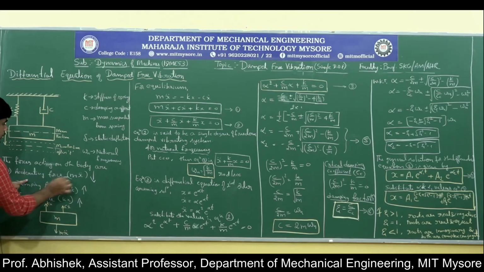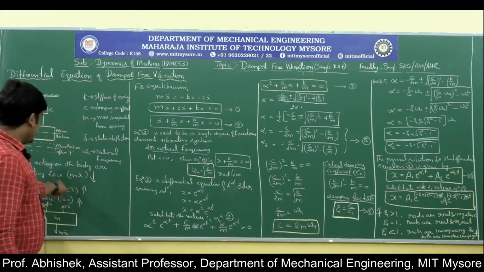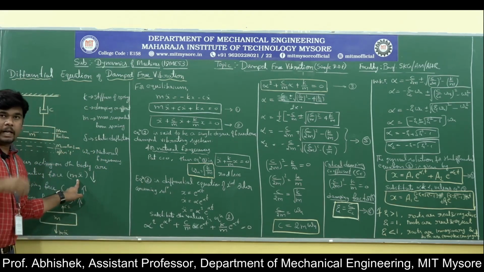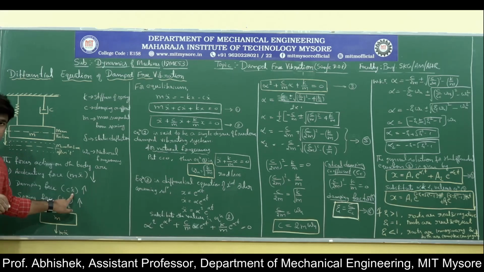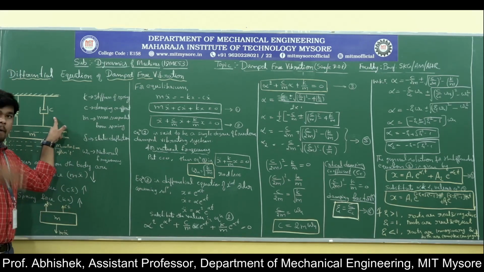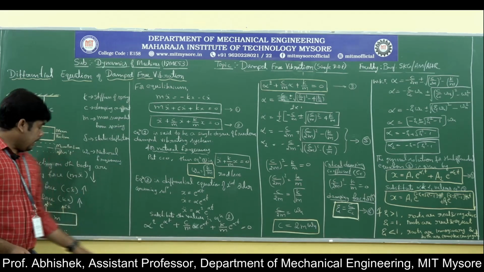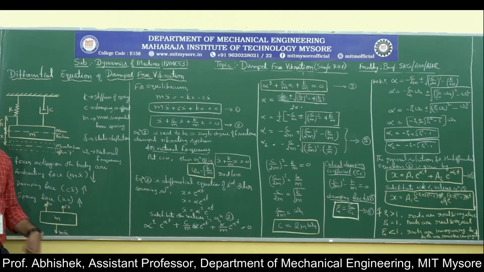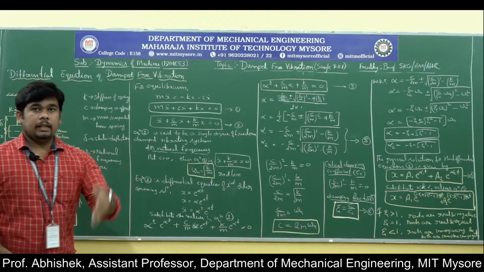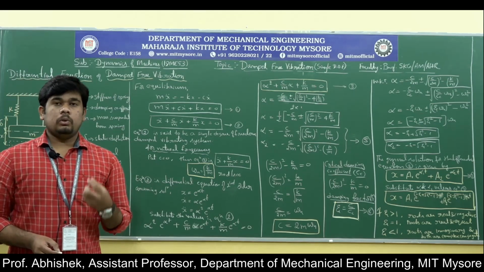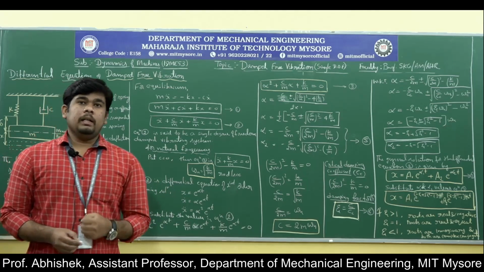The accelerating force is denoted by m x double dot, where x double dot is the acceleration, in the downward direction. The damping force is c x dot, in the upward direction, and the spring force k x is also upward. So that is why I have shown here that at equilibrium, two forces act in the opposite direction, and one force, the accelerating force, is in the direction of motion, the downward direction. This is the condition for the spring mass damper system.